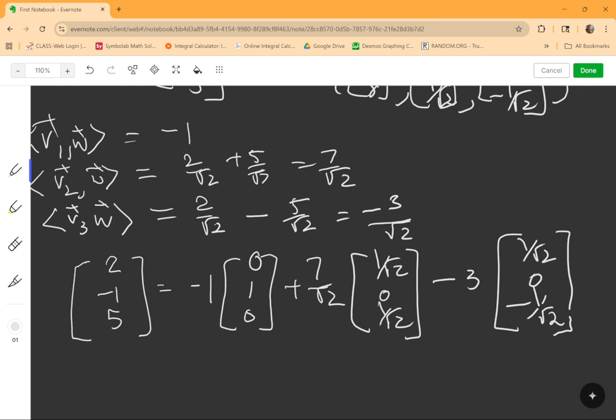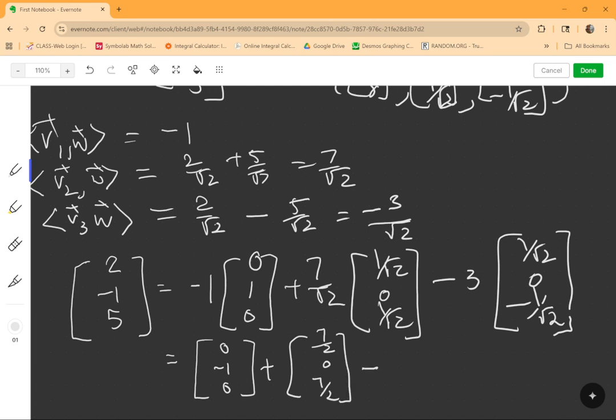And you can see here, just to show you that this is going to be correct, multiplying these in. So we got 7 halves, 0, 7 halves.